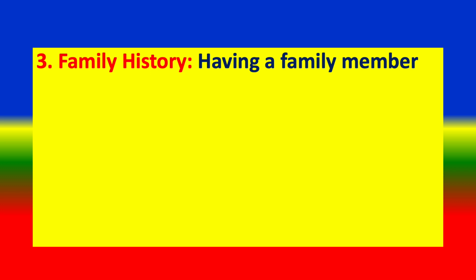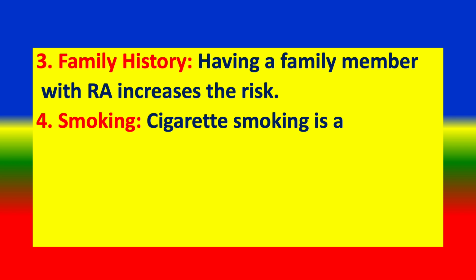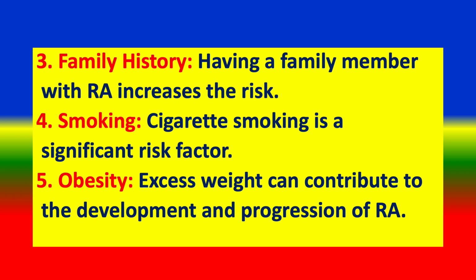Family history. Having a family member with RA increases the risk. 4. Smoking. Cigarette smoking is a significant risk factor. 5. Obesity. Excess weight can contribute to the development and progression of RA.